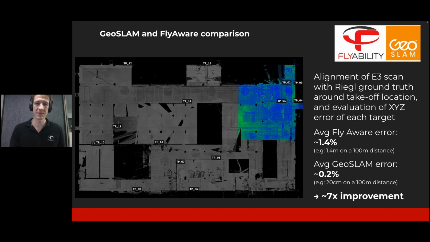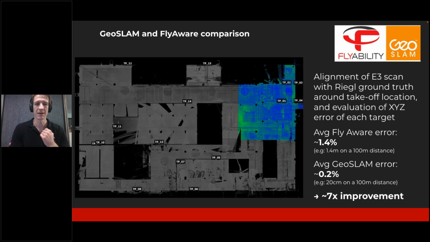So there's this colored section of the point cloud that is used for aligning with the ground truth, the Riegl scan. Then we compared the error of each target location in the FlyAware scans and the GeoSLAM scans versus the Riegl scan. That allowed us to get a notion of drift.